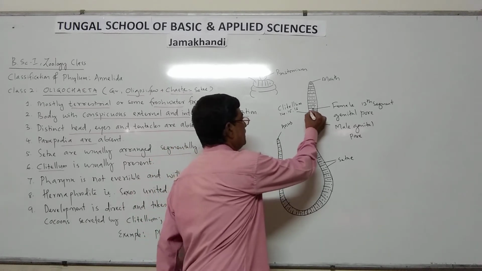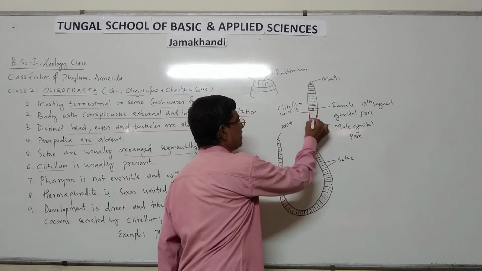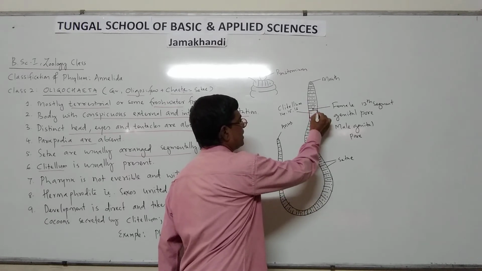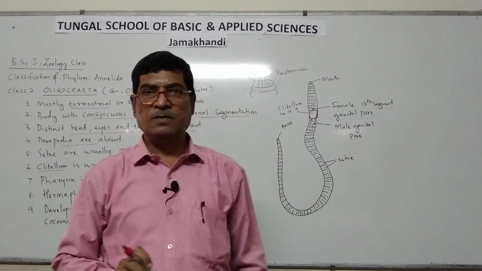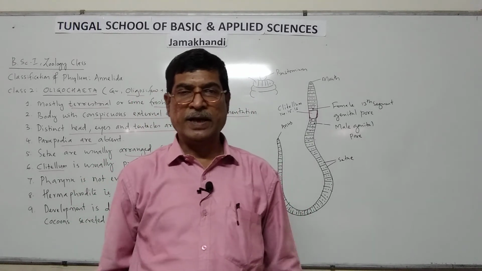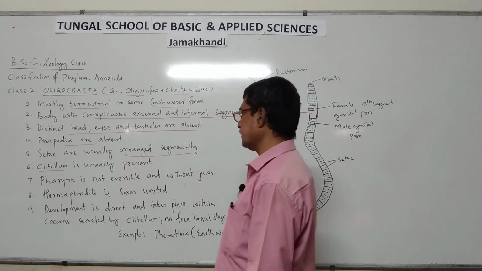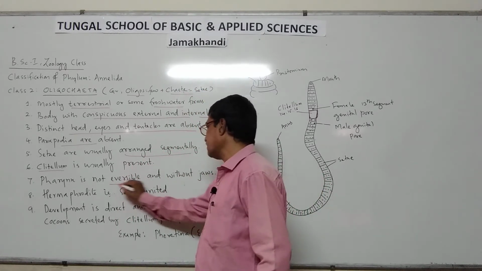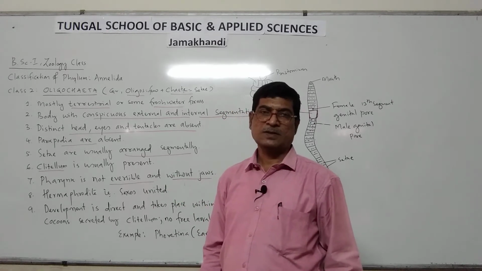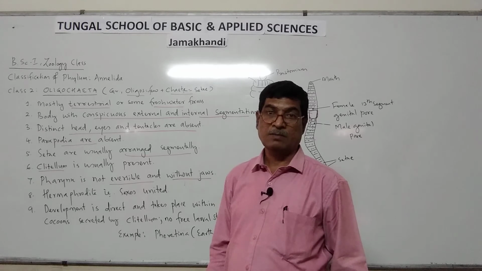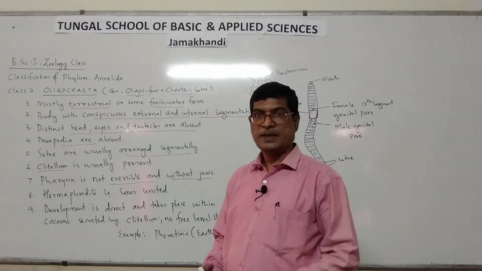Clitellum is a region, I told you, where glandular cells are present, and these glandular cells secrete gelatinous material which is used for making the egg case in earthworms. Pharynx is not eversible and is without jaws. But in case of Polychaeta, it is eversible.